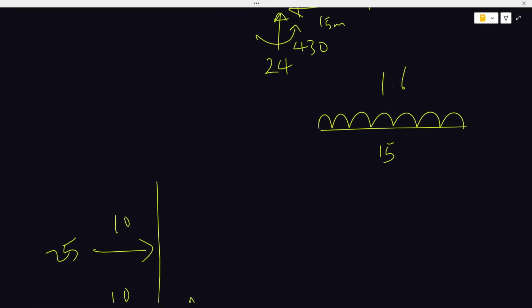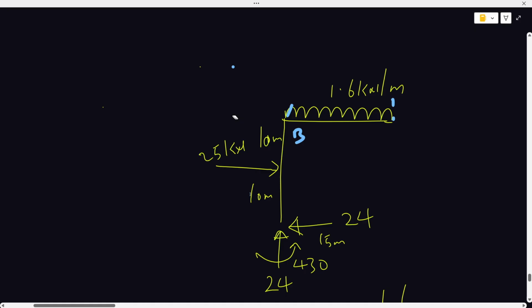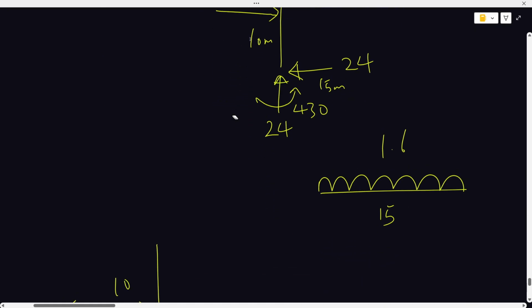That is, you don't need to show the joint. That is why I'm not showing it, because there's no force acting on this connecting joint. So I don't need to show the joint.